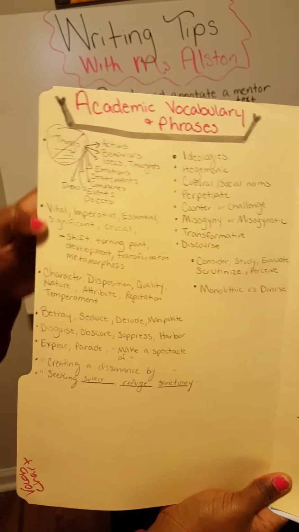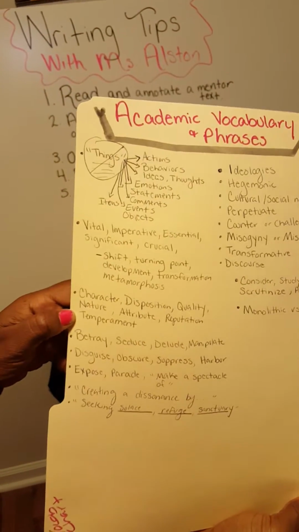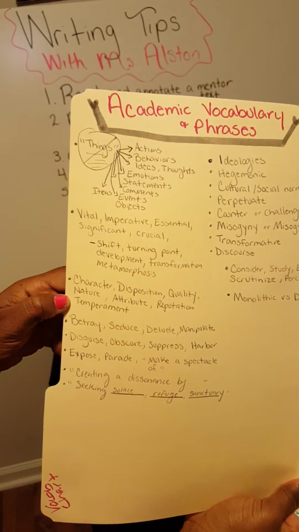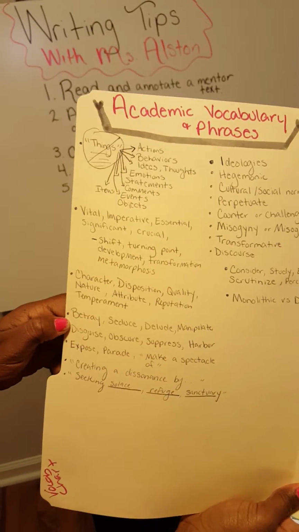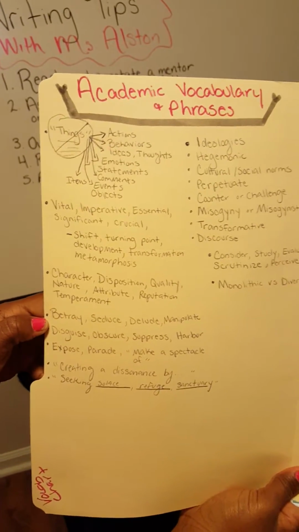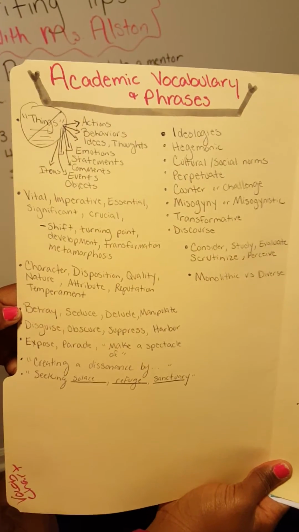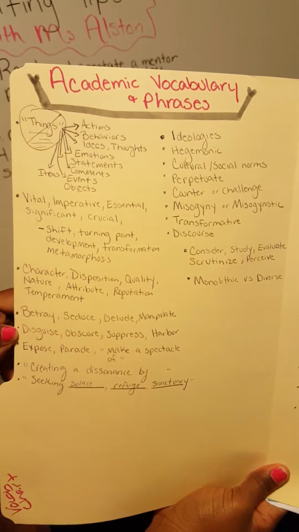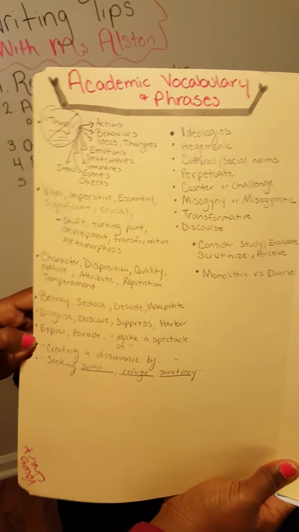Then I have some synonyms for "important." I have some synonyms for talking about a character's personality. Because we'll be looking a lot at a character's actions when we're analyzing literature, I noted words that deal with betrayal, words that deal with hiding, words that deal with exposing or showing something.